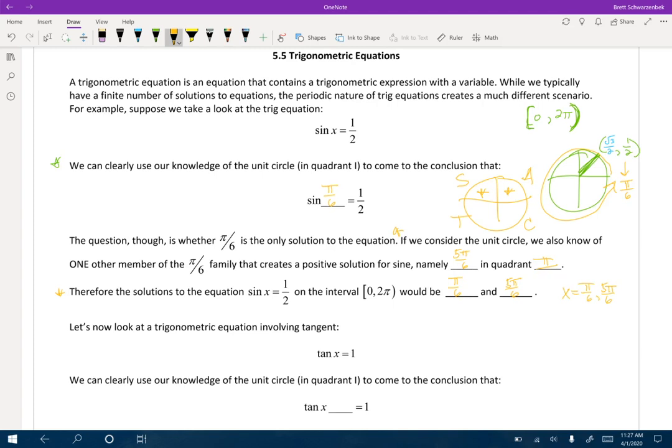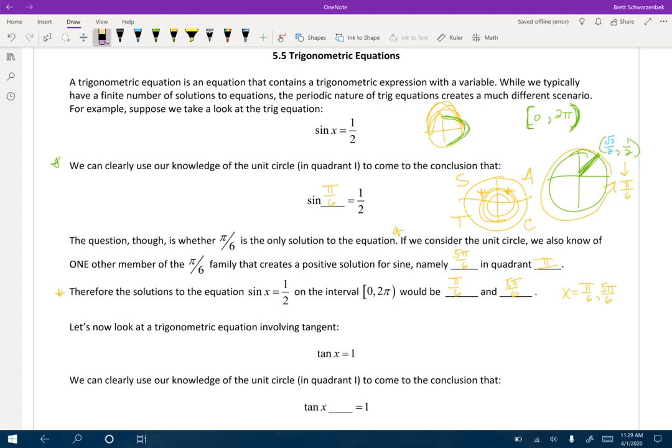Now note, if we went beyond 2 pi, then there would be an infinite amount of solutions. Every single time you came back around into the first and second quadrant, you would add a solution and so forth as you went, because the sine graph goes on forever. We're not going to do that in this class, so you don't have to worry about that, but from this scenario, we basically would get pi over 6 and 5 pi over 6 as the results.